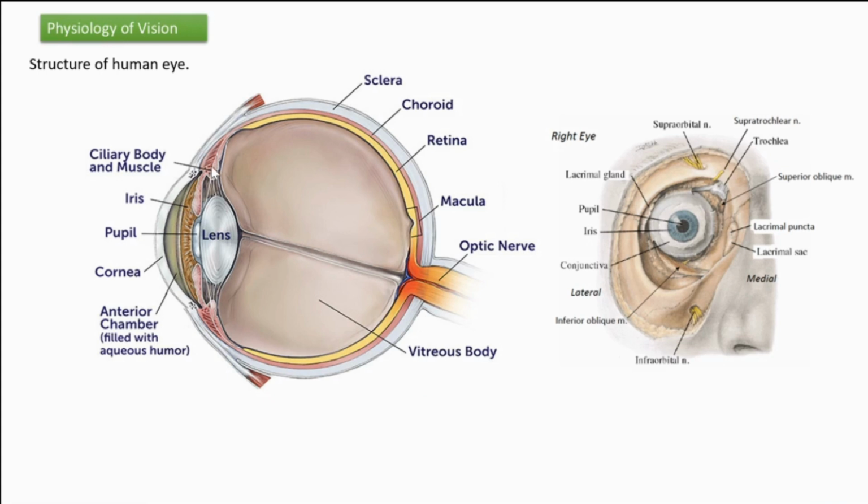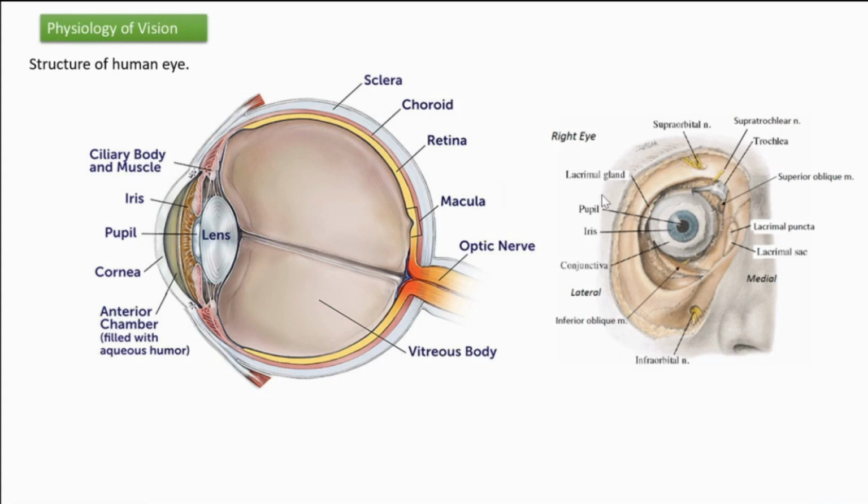By the contraction and relaxation of the ciliary muscles, we can regulate the shape of the lens, making it elongated or shortened according to the need of accommodation, whether we are viewing a far object or a near object. That adjustment is done by the contraction and relaxation of muscles in the ciliary body.